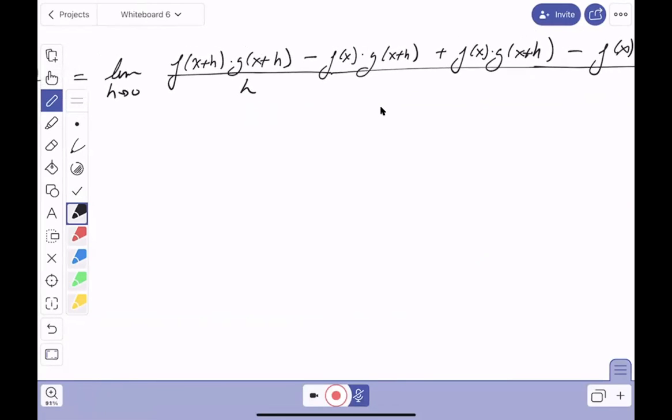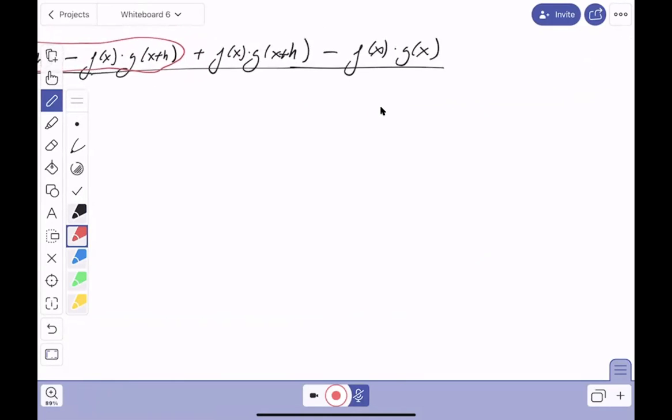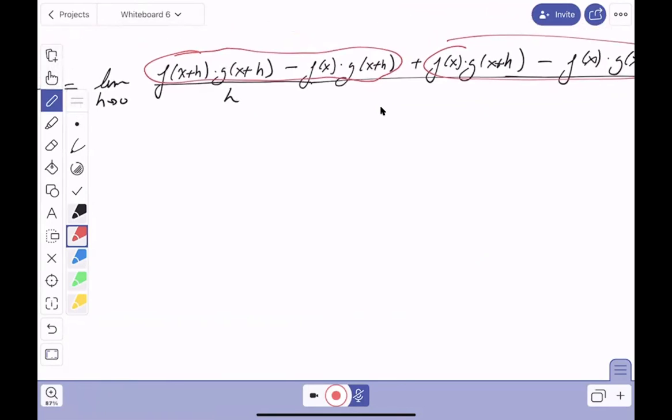I know it looks awful to you, but the bottom line is what we did. We said, let's look at these first two terms, and then after I look at those, I look at this other one over here, one at a time. As I do that, we're just trying to get to what we think is the result. And we did this before.